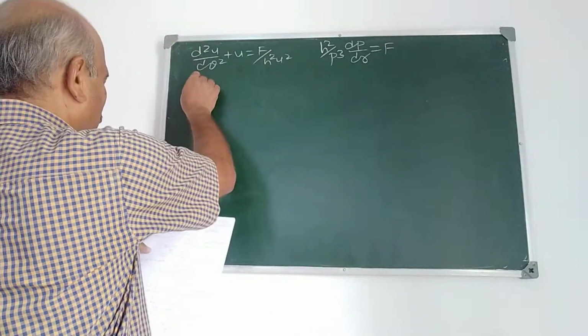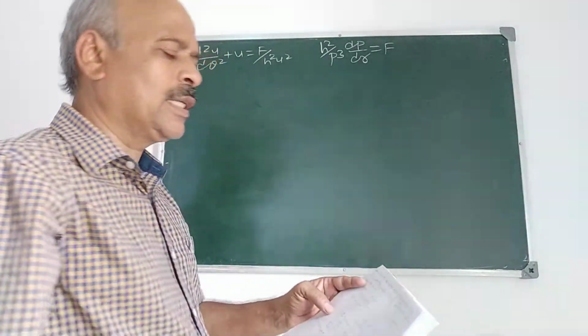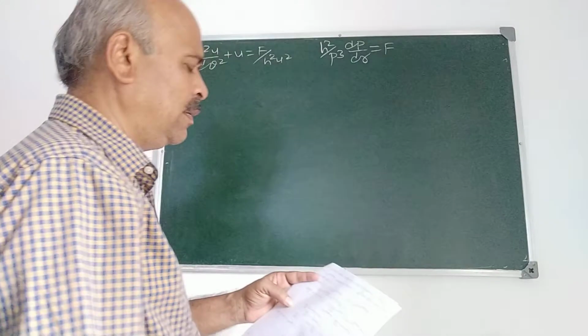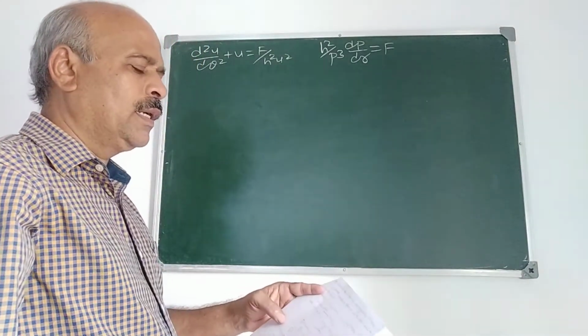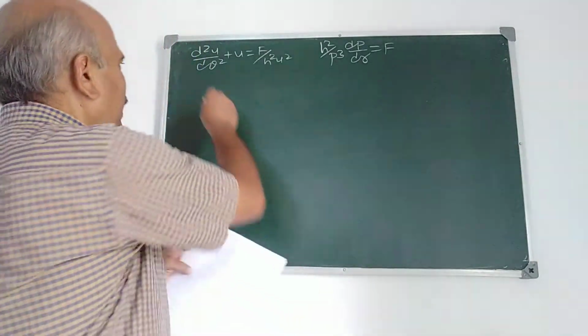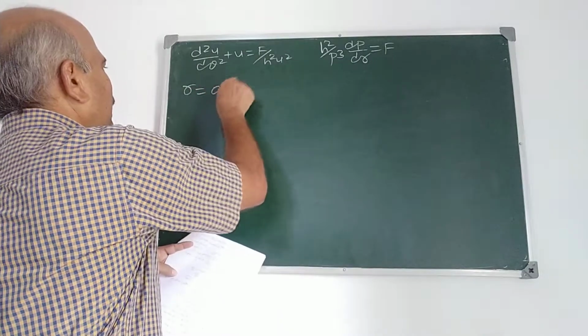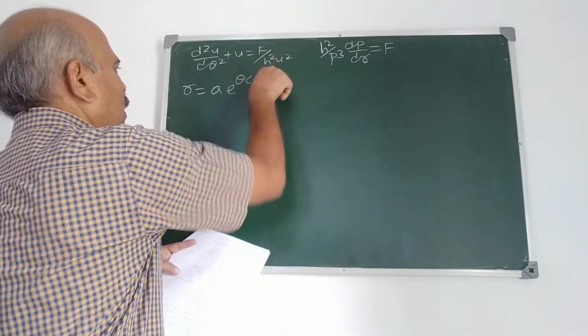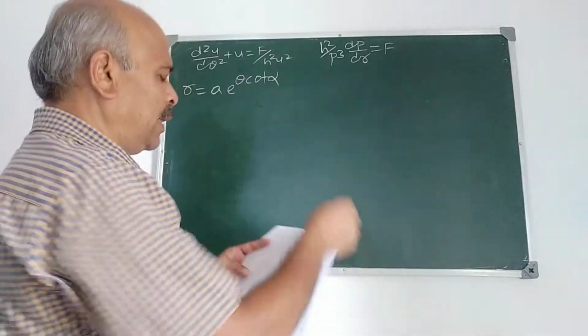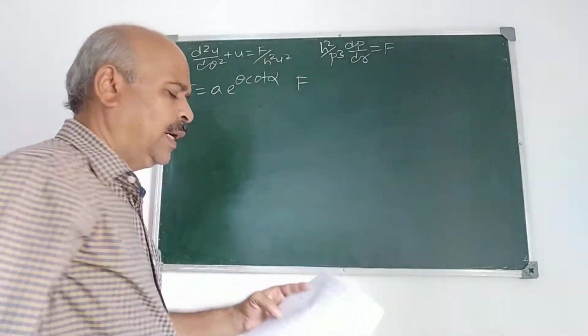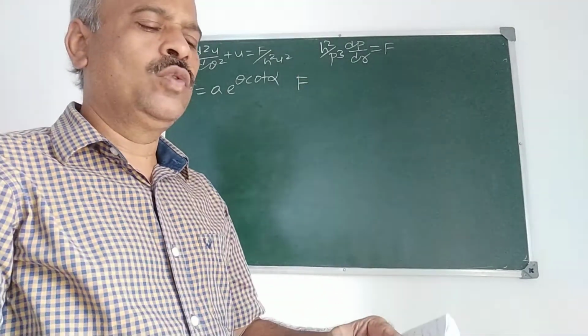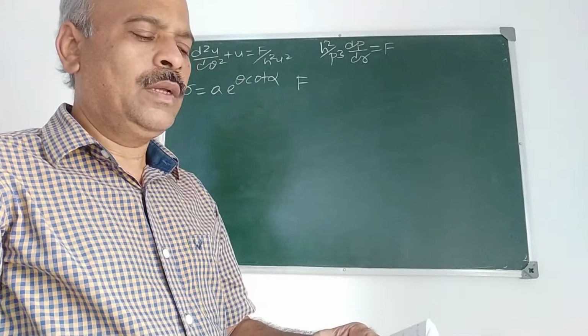So continue this problem. A particle describes the equiangular spiral r is a e raised to theta cot alpha under a force F to the pole.